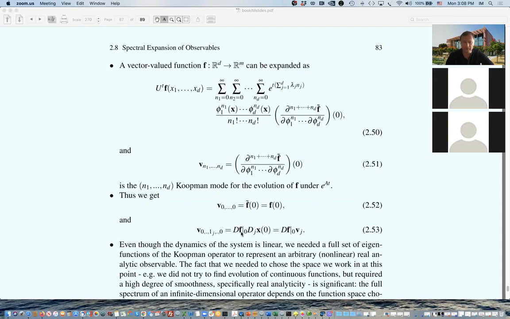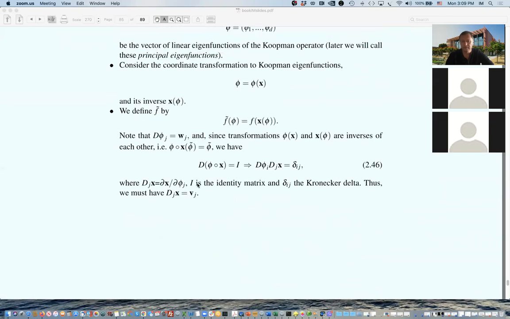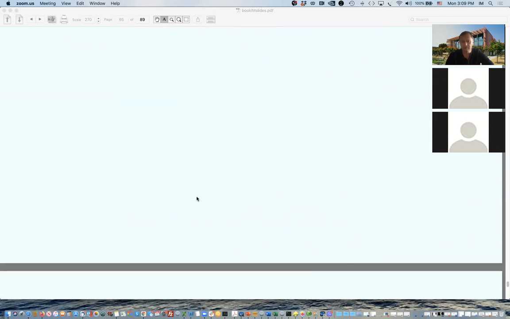So we have a function f of x. When we differentiate that once, we get df evaluated at 0, djx evaluated at 0. That dj is the derivative of the vector x with respect to phi's. So that's how it comes from this formula. And so you get df of 0, and then djx, we showed earlier, somewhere here, that djx is just vj.